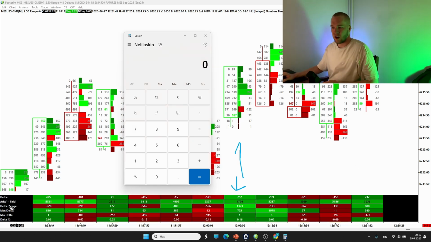Okay, so I've added one column here. Here we have ask V, bid V. This is basically the total volume of each footprint. And we need this number to look at what the delta percentage actually is.